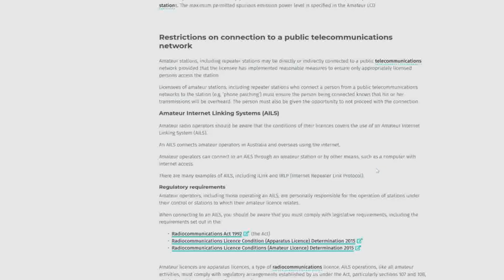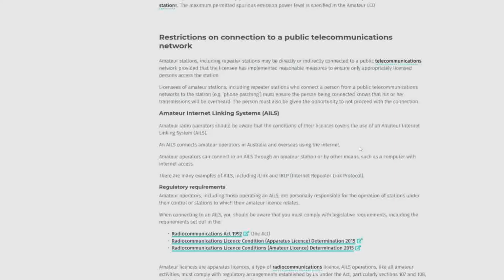Repeater linking or linking systems are permitted via the internet, provided that the owners and operators of those amateur repeaters make it not possible for non-licensed persons to use those repeater systems, those radio systems.